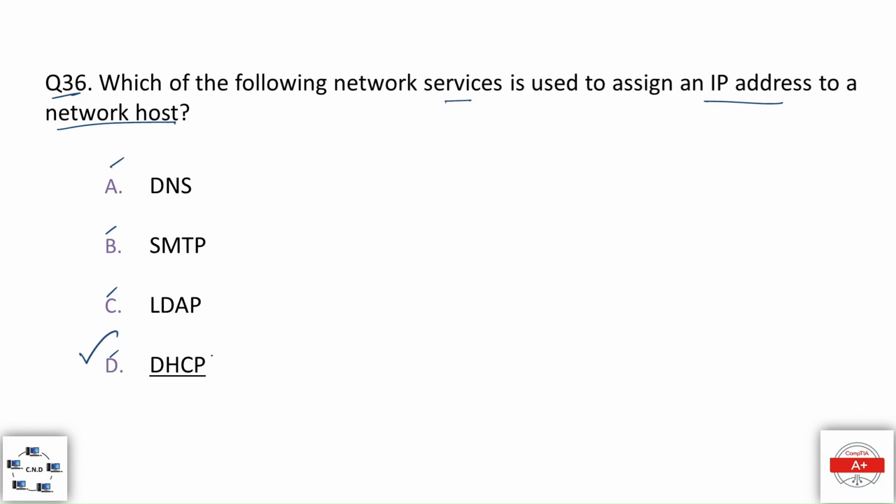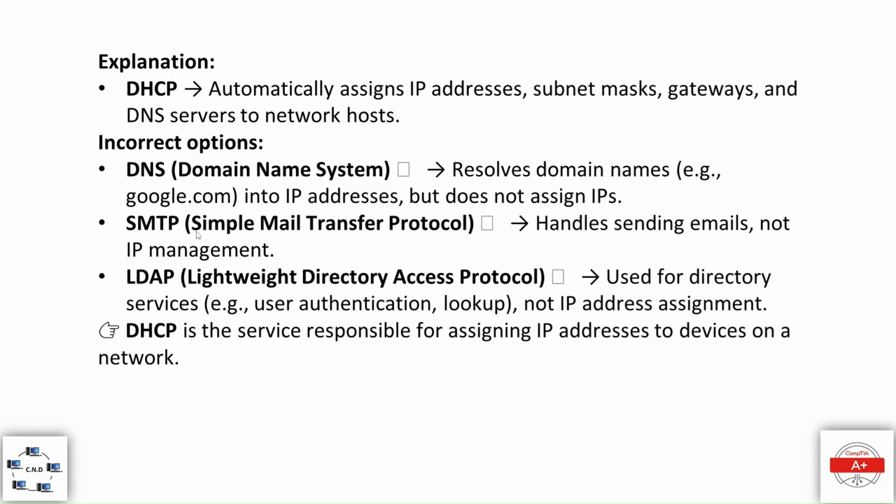So DHCP is used to dynamically assign IP addresses to the devices on the network. Explanation: DHCP automatically assigns IP addresses, subnet masks, gateways, and DNS servers to network hosts. So the incorrect options are DNS, domain name system. DNS resolves domain names, for example google.com, into IP addresses but does not assign IPs.